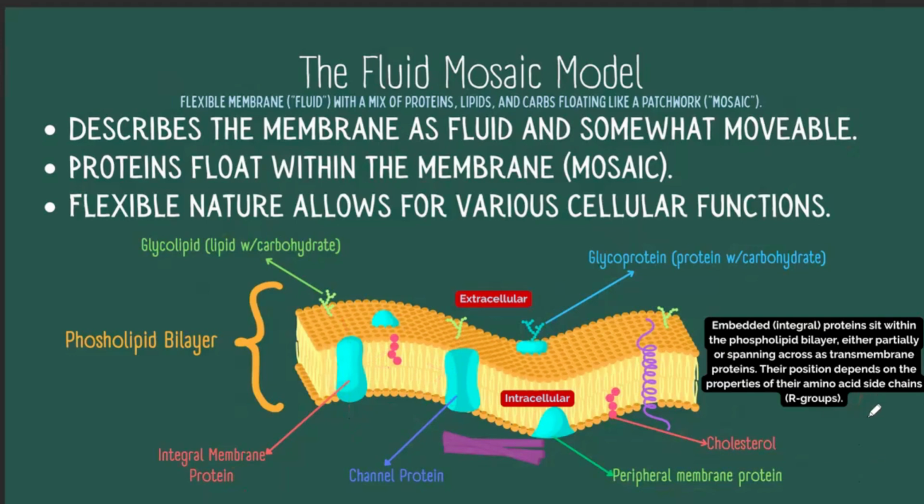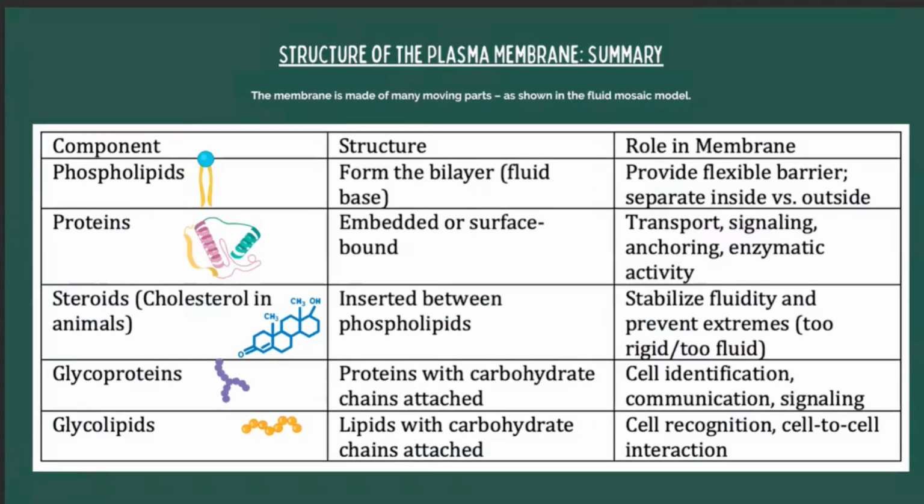So that's important to note. If you're talking about the plasma membrane in general, this is a great table just to summarize what we went over. It talks about all the different parts of the fluid mosaic model. So you have the phospholipids that help form the bilayer, and they are separate versus inside and outside with the shape.